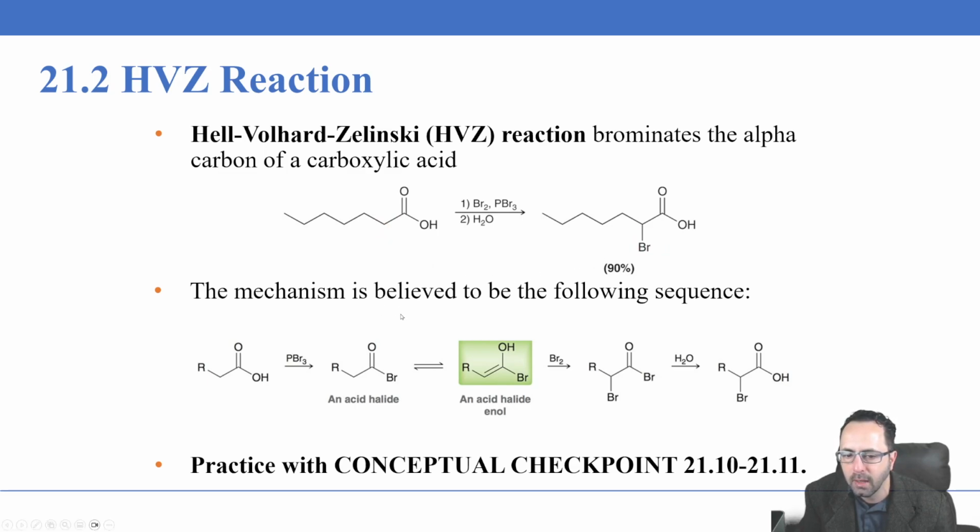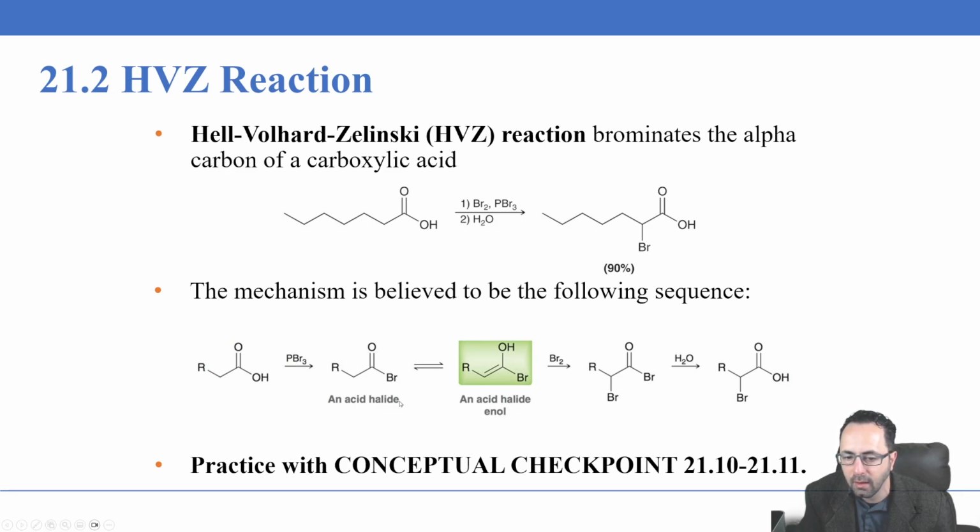Okay, this mechanism is believed to follow the following sequence. So we treat with PBr3, and we remember from chapter 20 that the treatment with PBr3 involves the installation here of, we did this also with chlorine, with SOCl2. We can get an acid halide here with PBr3 to brominate, or SOCl2 to chlorinate, and we get the acid halide.